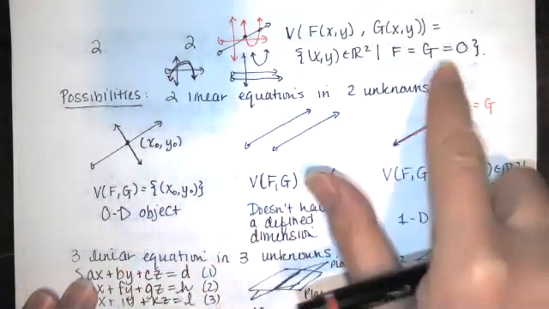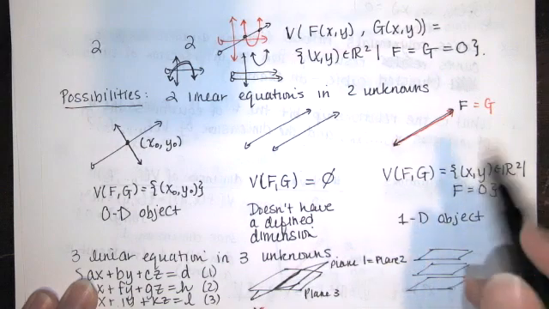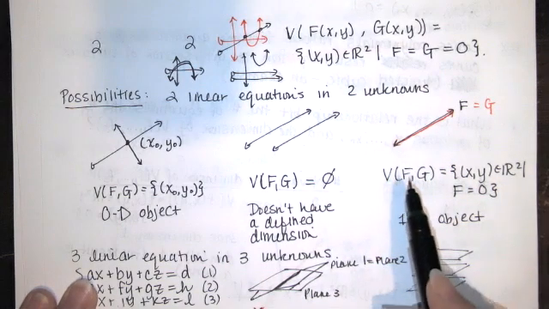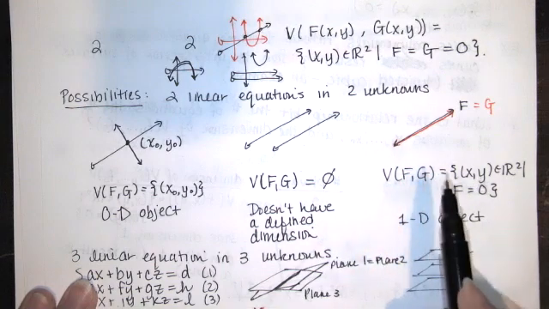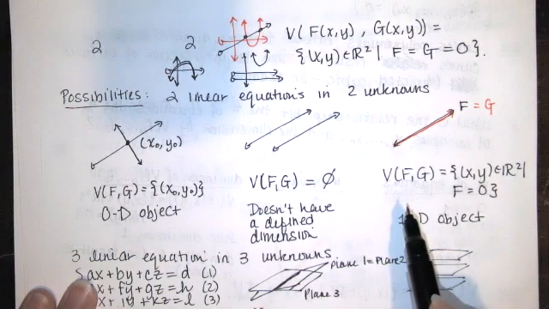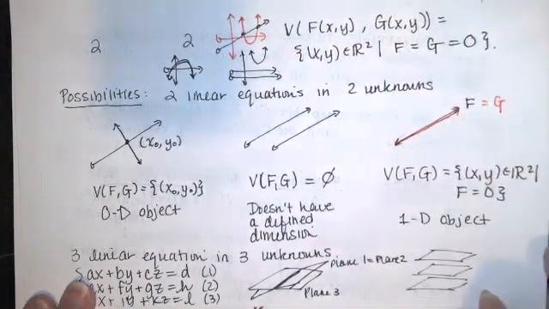But not always. And that not always part is related to the dependence or independence of these polynomial functions that define the affine variety that we're interested in.